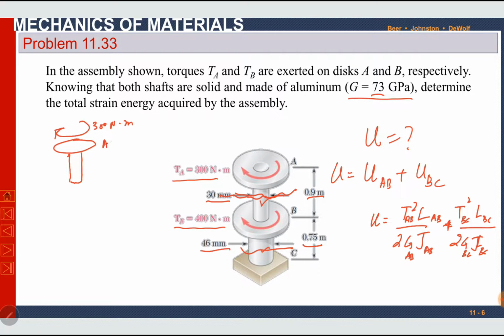This is point A. So here will be TAB, which will be equal to the first torque, 300 Newton meter.